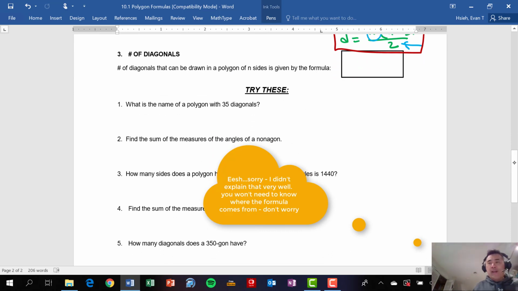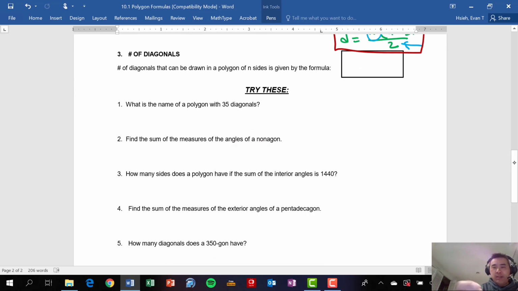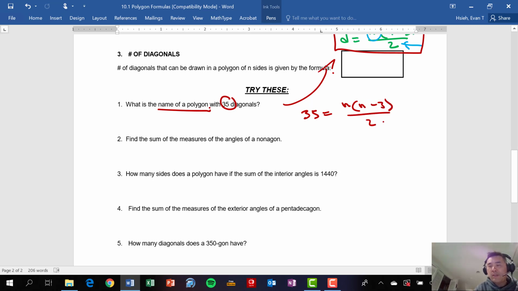Okay, let's talk a little bit about how to use these formulas. So if I want to find the name of a polygon with 35 diagonals, I'm going to use the diagonal formula up here. So it's going to be 35 equals n times n minus 3 divided by 2. Multiply both sides by 2, so I get 70 equals n times n minus 3. Distribute the n.